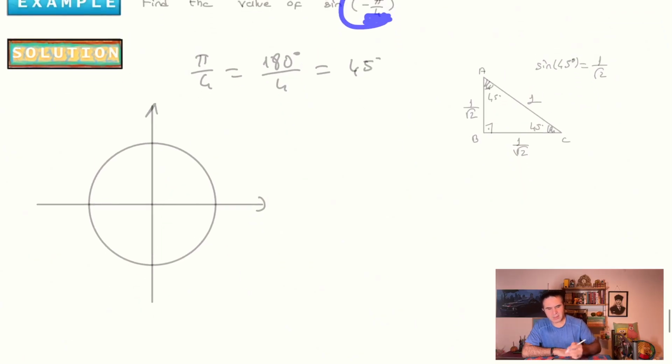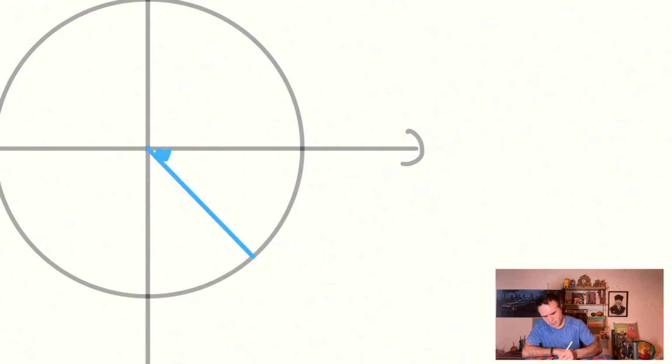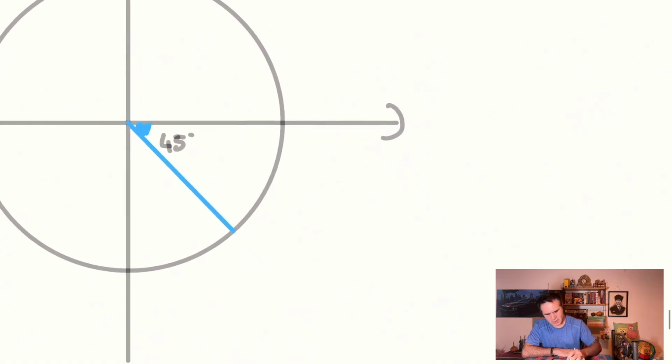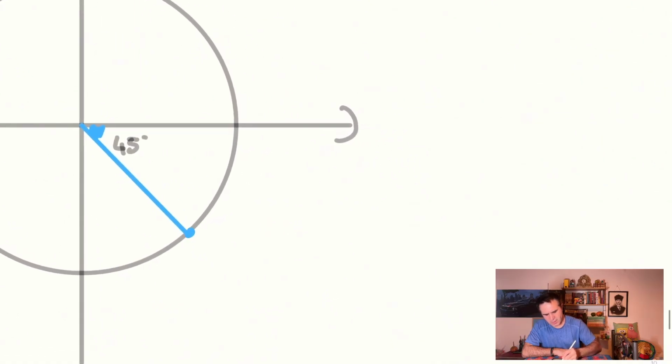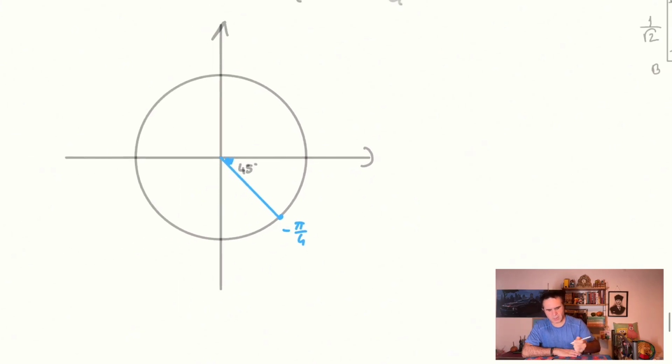Because the angle is negative, we need to go in a negative direction. And let's take here, we have here 45 degrees, and we have here minus 45 or minus pi over 4 radians. And we need to draw the triangle here.